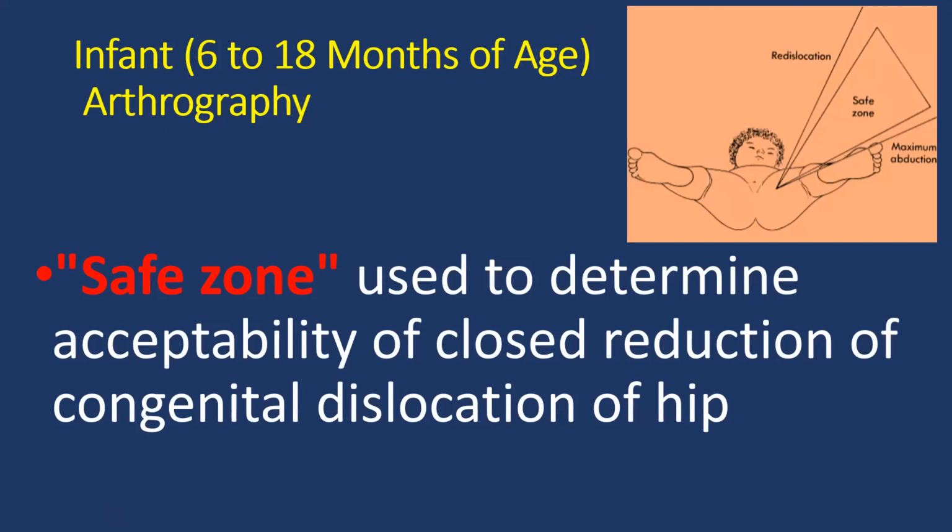You see, this is the zone. It's drawn in triangles, and it would tell you how stable the hip is in a certain position. And if you want to apply a bilateral hip spica, you apply it with hips well reduced within the safe zone, not under forced abduction, and it will be stable.